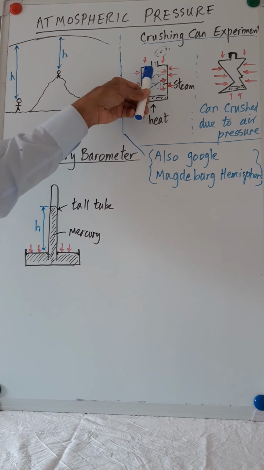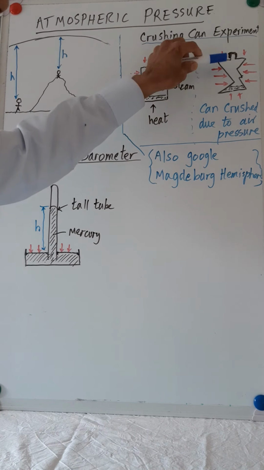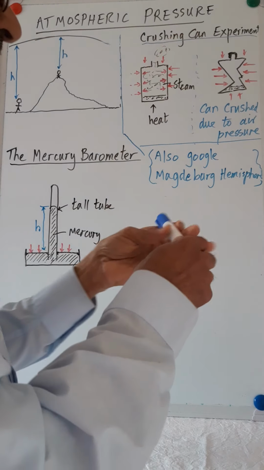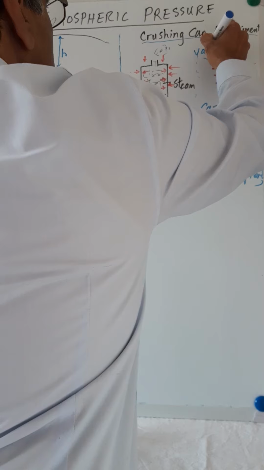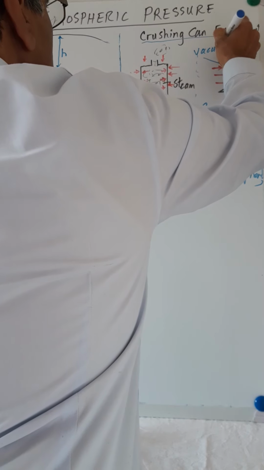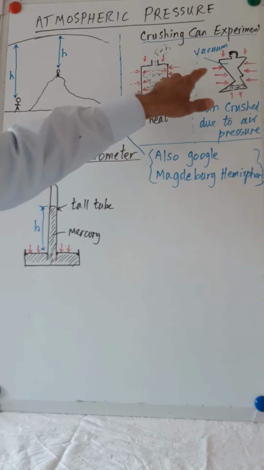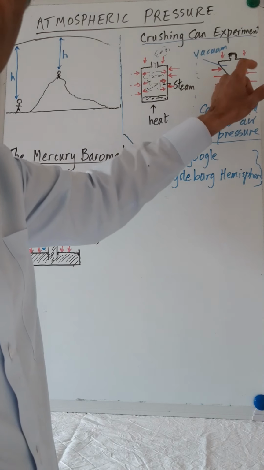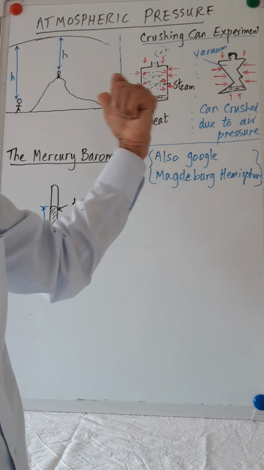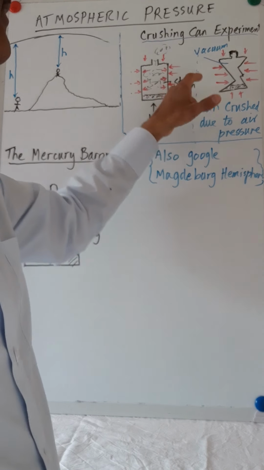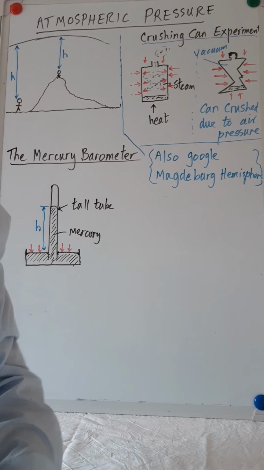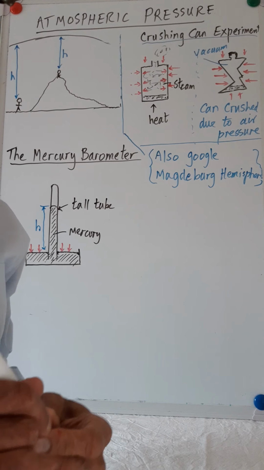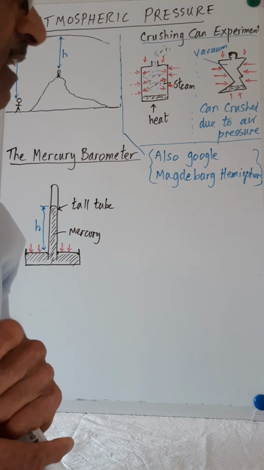But here, because there is no air inside, there's a vacuum. So there are no air molecules pushing on the outside from the inside. Therefore, the outside pressure crushes the can, and that's a very, very large pressure. We're going to work that out.